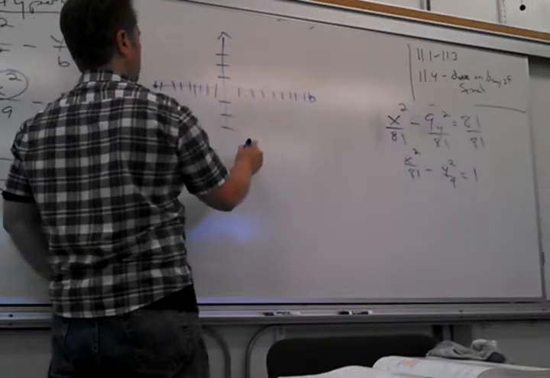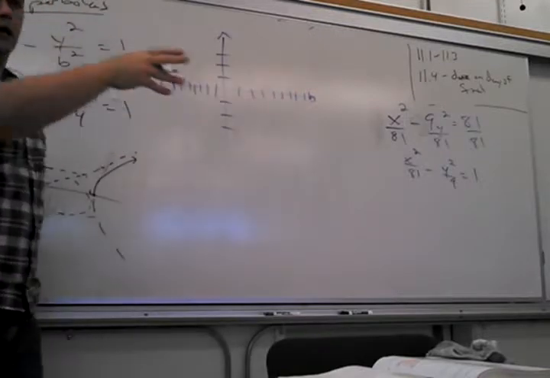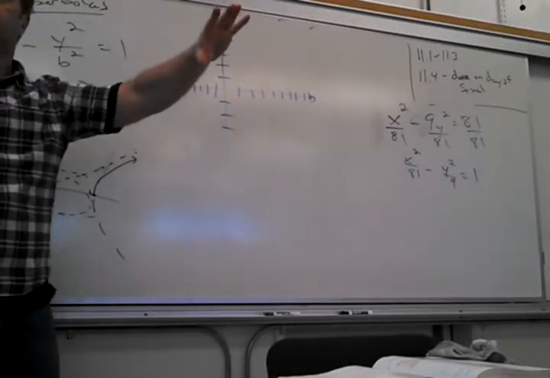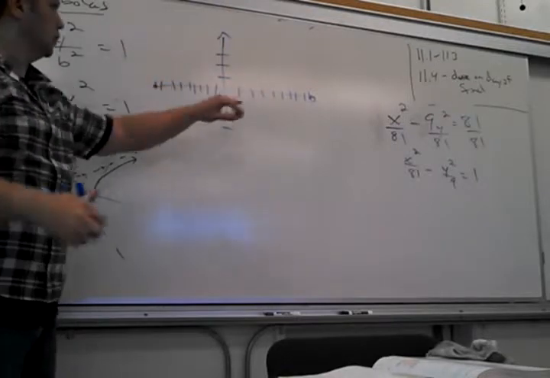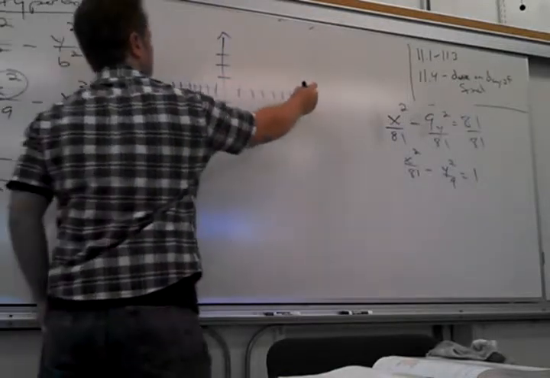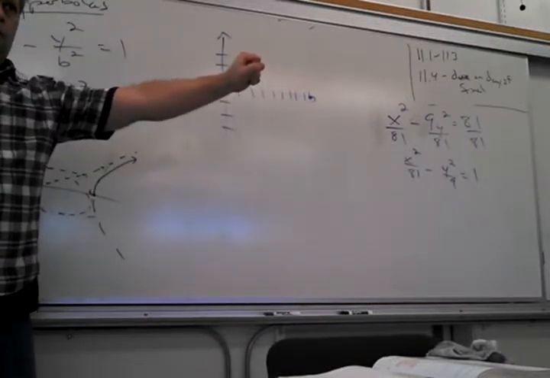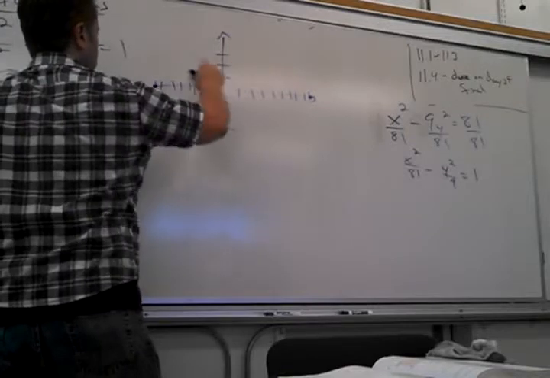You know it's opening, I kind of get a little bit. It's opening left and right again here. I'm sitting on the x-axis because x is positive. Cool. So then these are still called the vertices, which is nice. Vertices for these hyperbola pieces.